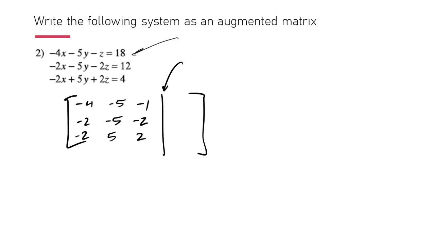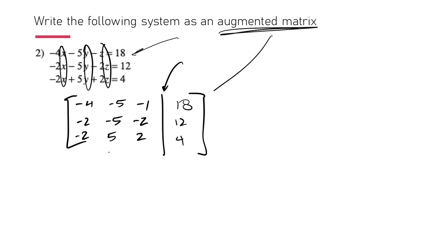Or if I was using A, B, C, these must all be the a's, the b's, and the c's. No matter what the variable is, these must be vertically aligned so your matrix makes sense. And then we have what is to the right of the equal sign. So this is our augmented matrix. Done.